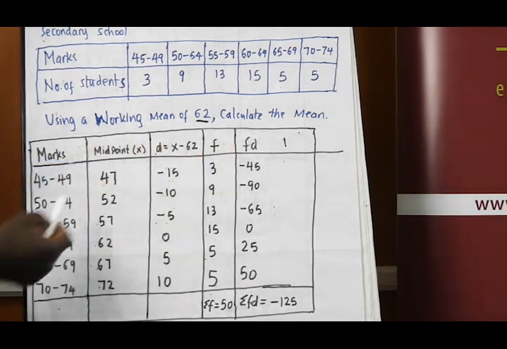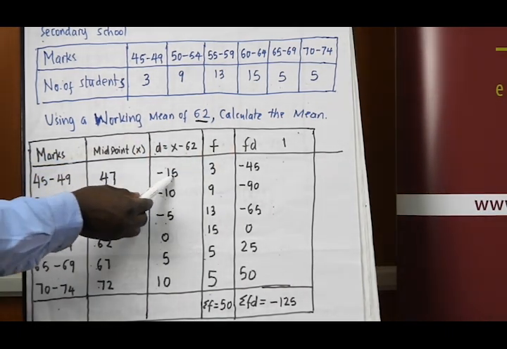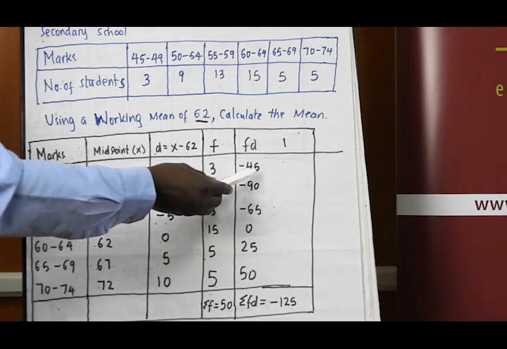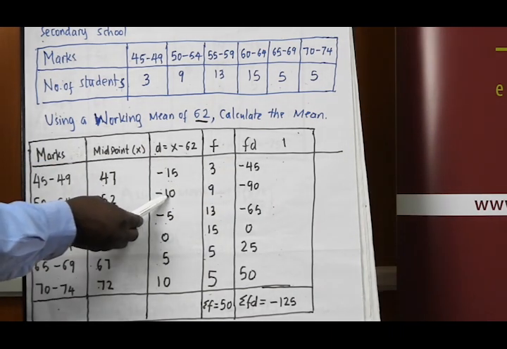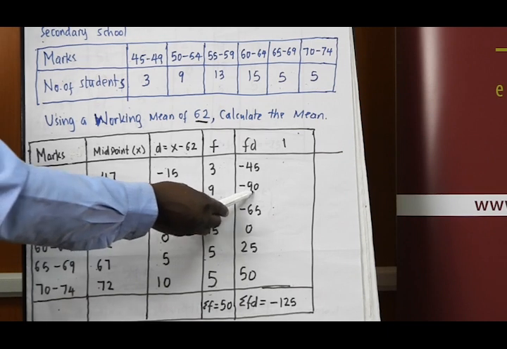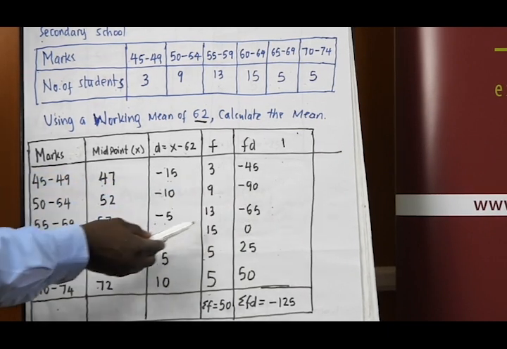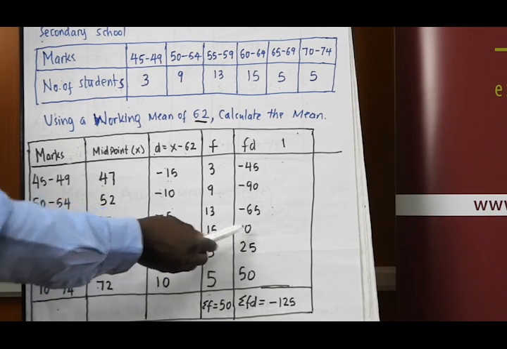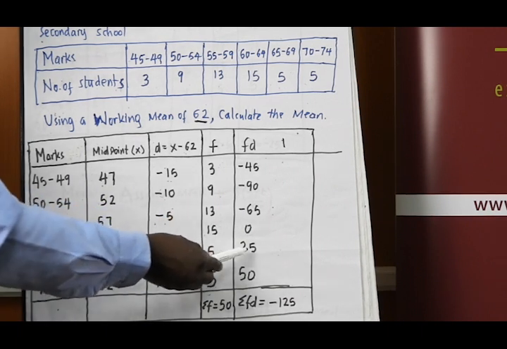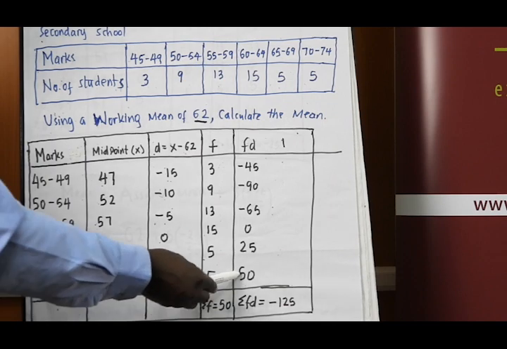So FD, our next column. Negative 15 times 3 gives us negative 45, negative 10 times 9, negative 90, negative 5 times 13, negative 65, 0 times 15 is 0, 5 times 5, 25, 10 times 5, 50.